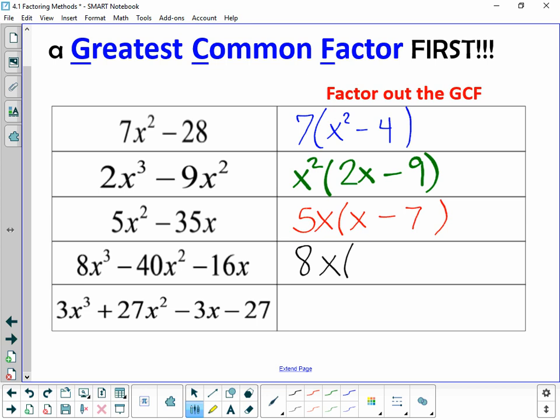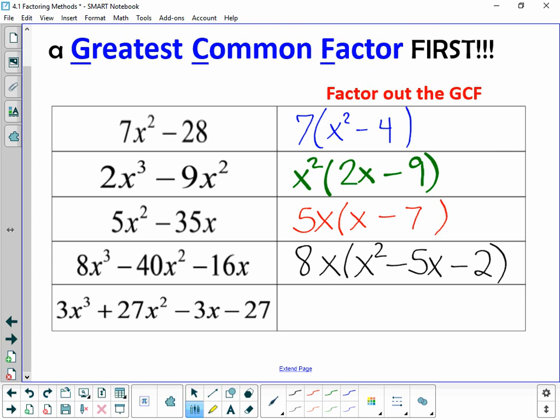If we do that, we have in the first term just 2 factors of x remaining. In the second term, if we factor out an 8 from 40, that leaves a 5, and we also have 1 factor of x remaining. And in the last term, if we factor out an 8x from 16x, it would be a minus 2. So we have 8x times the trinomial x squared minus 5x minus 2.